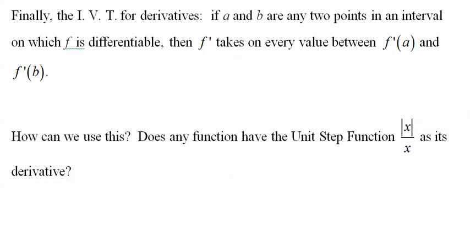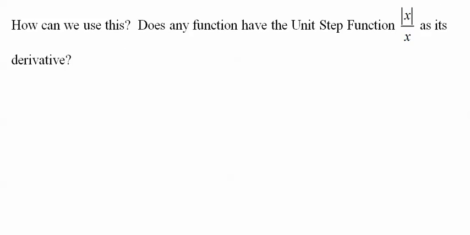And then the intermediate value theorem, which really gets hammered on in theory texts because you need it to do everything going forward. For us, we just make assumptions, generally speaking, and run with this. But here's the converse of the intermediate value theorem, where we say, does any function have the unit step function as its derivative? And we would look at the unit step function, something like this, I believe.